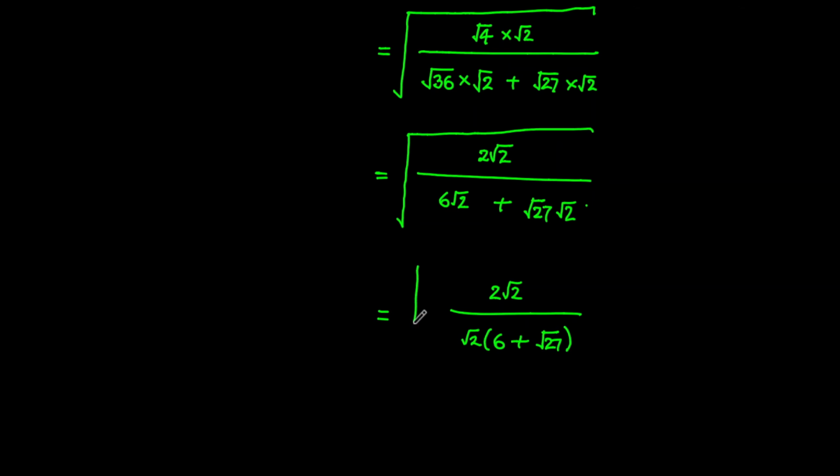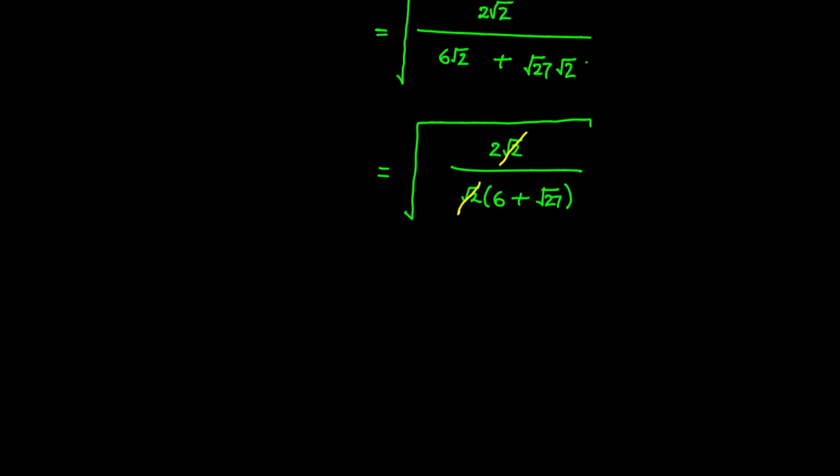Now we still maintain under root. Now we can cross out the root 2 from the numerator and root 2 from the denominator, and copy the remaining terms, that is 2 over 6 plus root 27. So at this point we have made it simple.